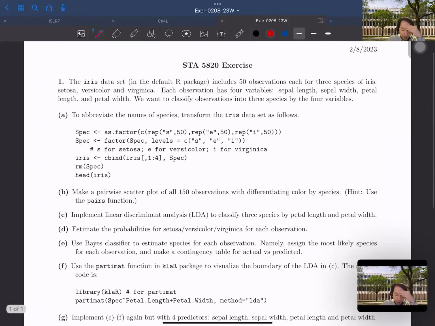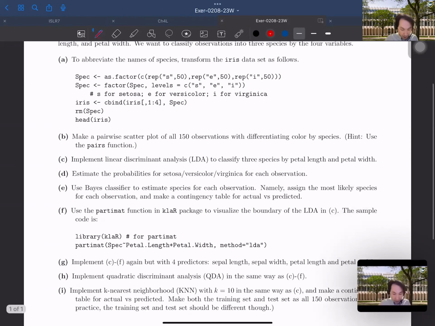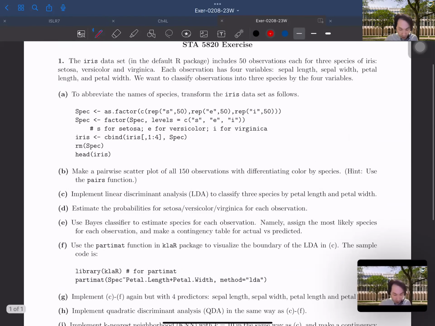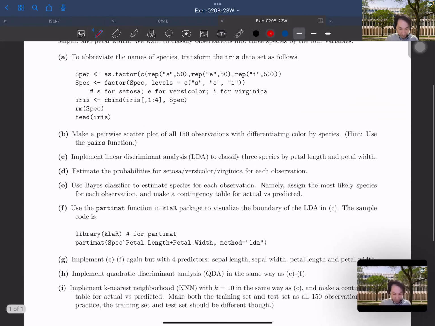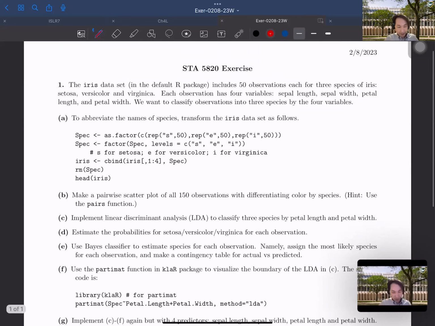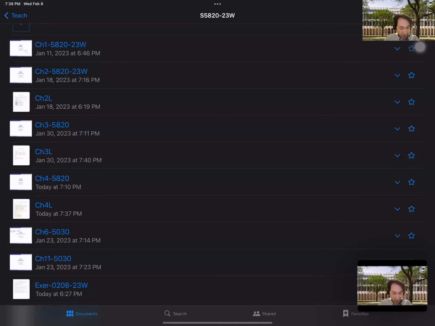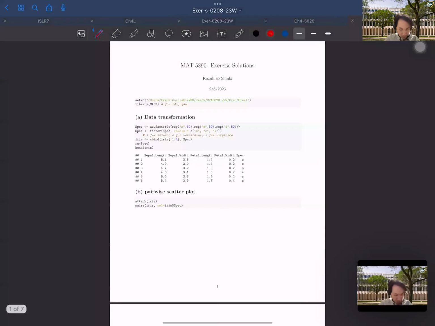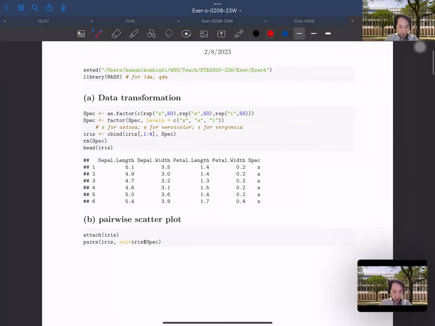What should I do? Do you have any questions? Yeah, maybe sorry. I think I don't really have enough time to discuss this, so maybe I can just explain some of the code here.